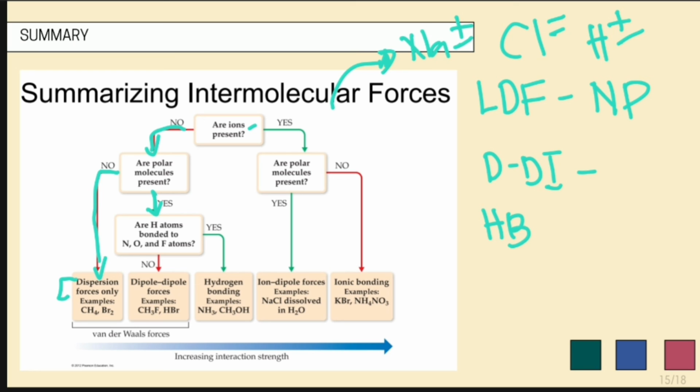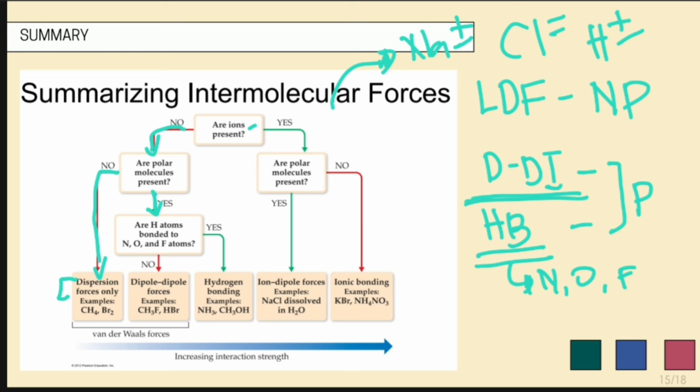Pero ang titignan mo na ngayon, kung ang hydrogen ay naka-attach sa nitrogen, oxygen, o fluorine, under siya ng hydrogen bonding. Pero kung ang molecule ay polar, parehong may permanent dipole, then it's under the dipole-dipole force.